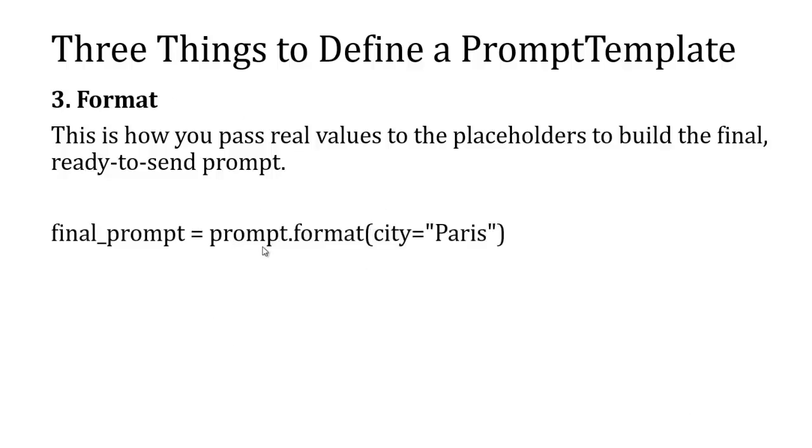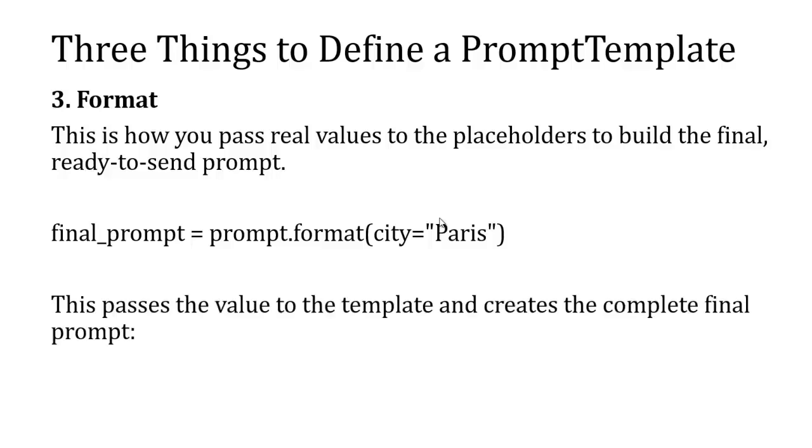So here prompt.format, and here we are passing the actual value of city. This city can be passed by the user as well. Don't you worry, we will discuss this practically. So this passes the value to the template and creates the complete final prompt.